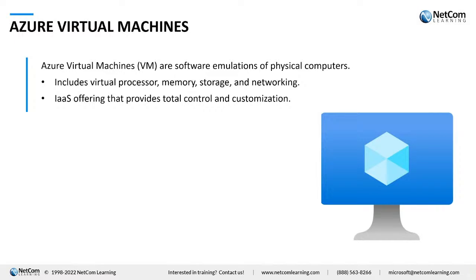You're creating a virtual processor, virtual memory, virtual storage, and networking that is allocated and associated to your tenant. And this is where your IaaS offering comes in, because it gives you that capability to have absolute and total control and be able to customize how that system is working and make sure that it's executing correctly.